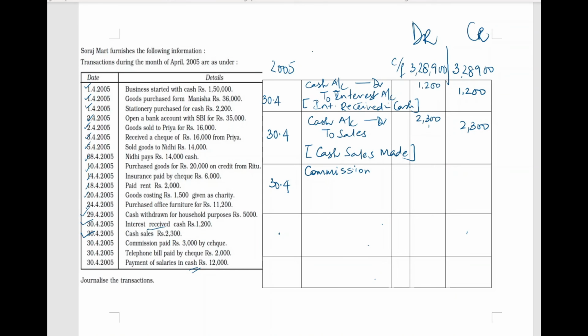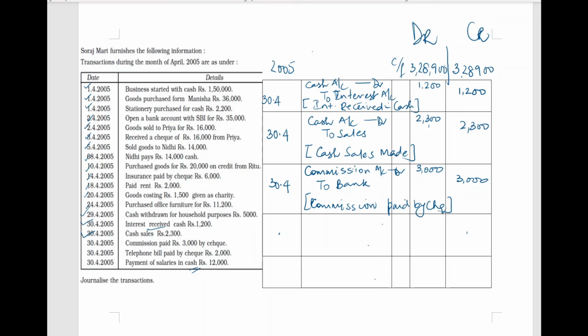So I will say commission account debit 3,000 to bank, because I'm paying by check, to bank 3,000, right? So I'll just say commission paid by check.